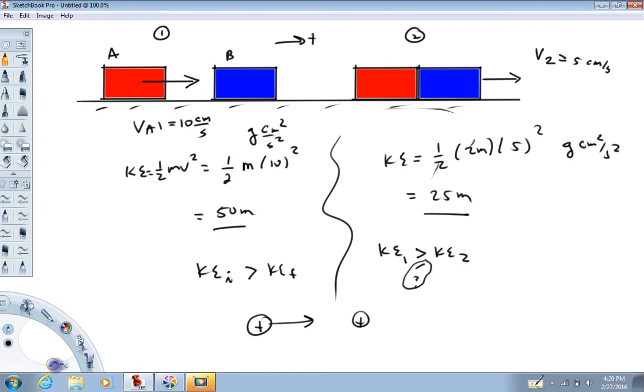So my advice is always this: when you're dealing with an impact, start with momentum, because you can apply momentum conservation without fear. But kinetic energy conservation only sometimes occurs. Usually it's not what we're going to want to use to analyze the problem. In a lot of problems, we'll calculate the kinetic energy before and after and compare them, but usually we'll stay away from kinetic energy conservation within the problem itself.